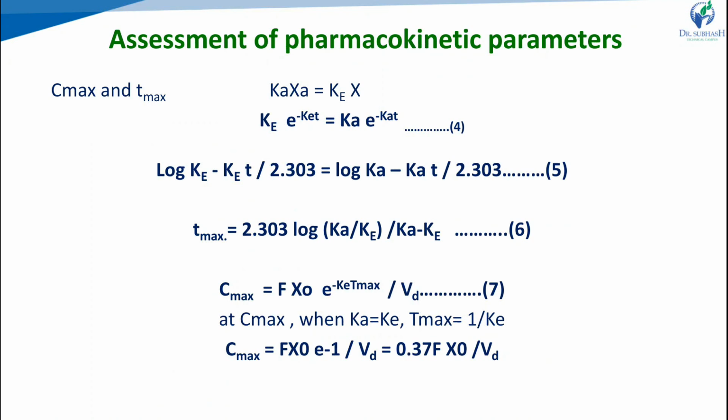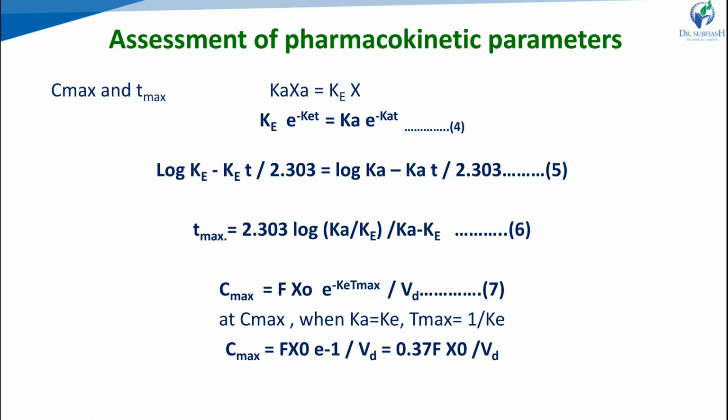Simplifying the above equation, it becomes Ke e^(-Ket) = Ka e^(-Kat). Converting it into log form and rearranging for T = Tmax, Tmax = 2.303 log(Ka/Ke)/(Ka - Ke).